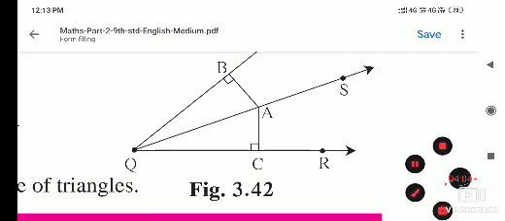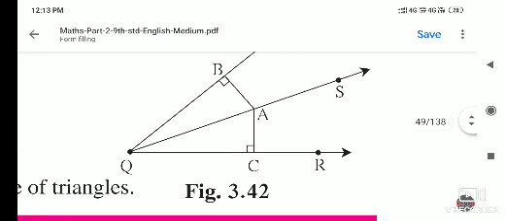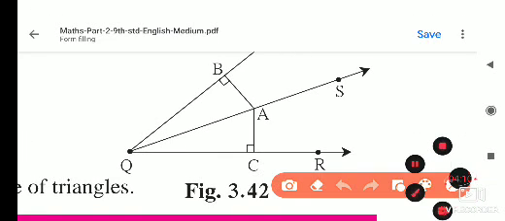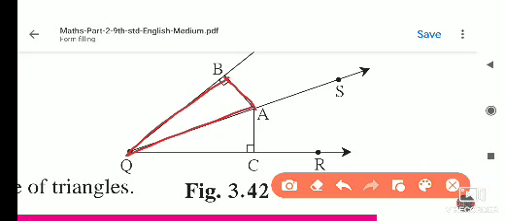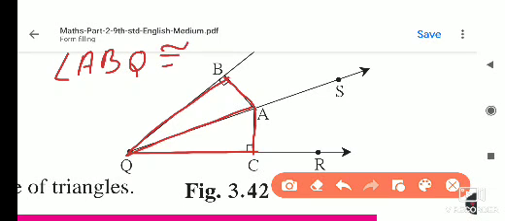Now see here, in triangle ABQ, angle B is a right angle, and in triangle ACQ, angle C is a right angle. Means angle ABQ is congruent to angle ACQ.